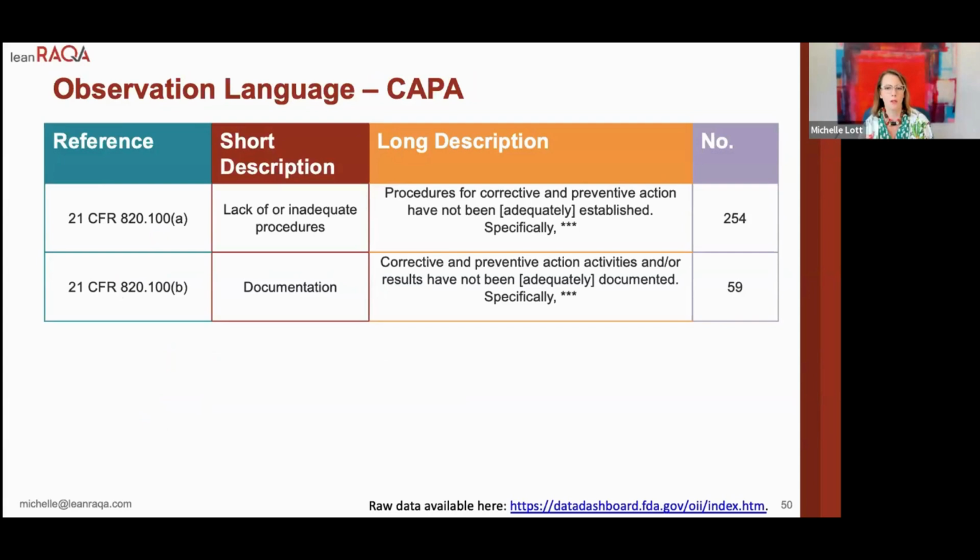So you get verbiage like procedures have not been adequately established, or actions have not been adequately documented.